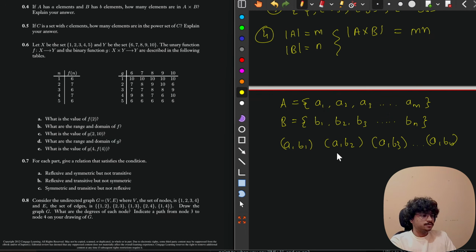If you count this, it is exactly n. Similarly, this is going to be n, and now this is going to be m. And so this is going to become a rectangle of n columns and m rows. Oh, I can visualize now.